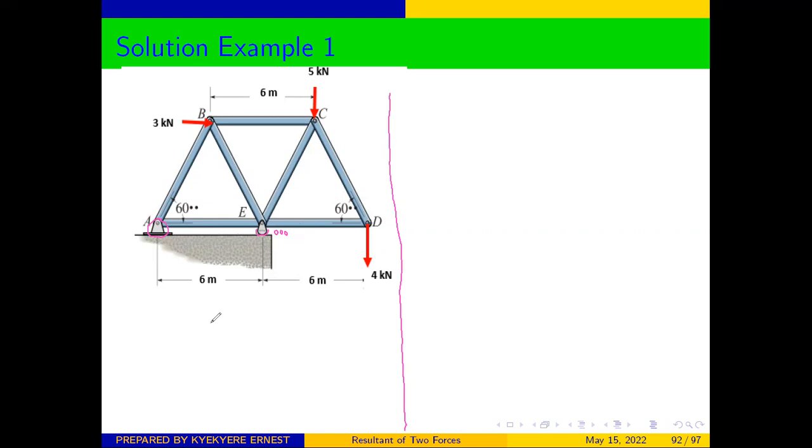Let's draw our free body diagram. Our free body diagram is going to look like this.